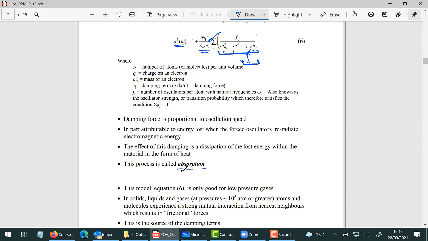If we don't have any absorption, if we have a material which is completely transparent, it doesn't absorb any of the light that passes through it, then we can see that this extra term here, the complex term, will be zero, or effectively zero, or so small that we don't have to worry about it.